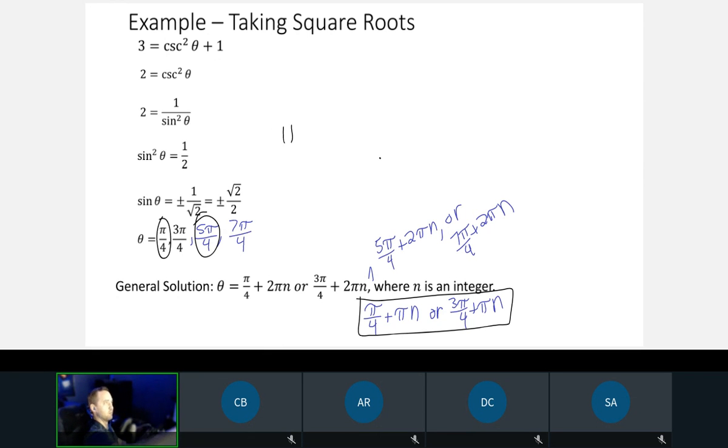So pi over 4 plus pi is equal to 5 pi over 4. So by just saying pi over 4 plus pi n, it covers both pi over 4 and 5 pi over 4 plus your 2 pi n. Does that make sense? I feel like I'm using a lot of words.